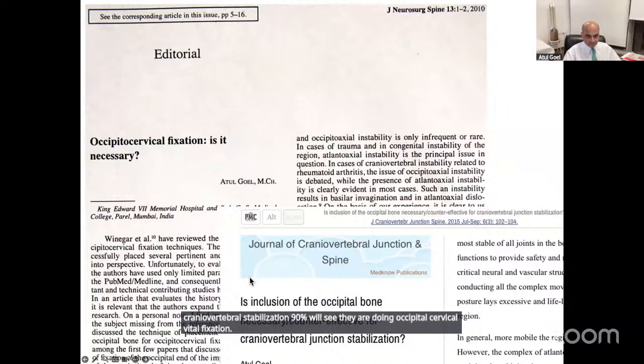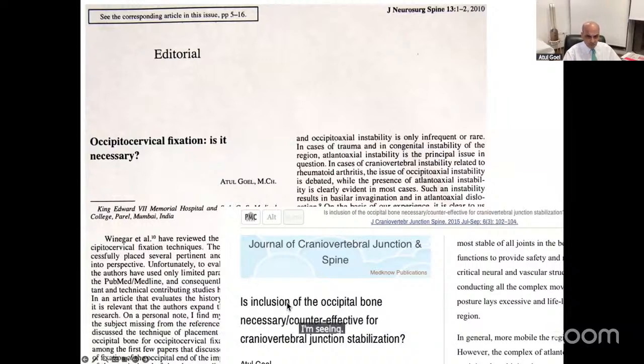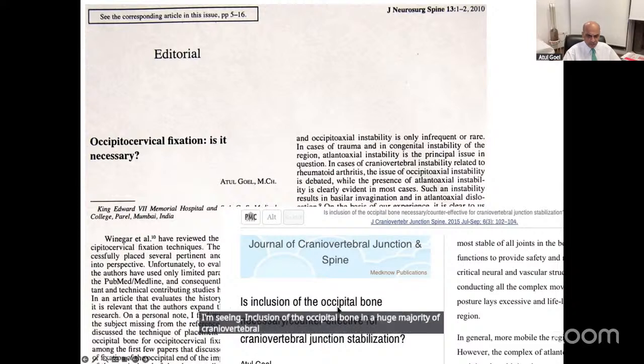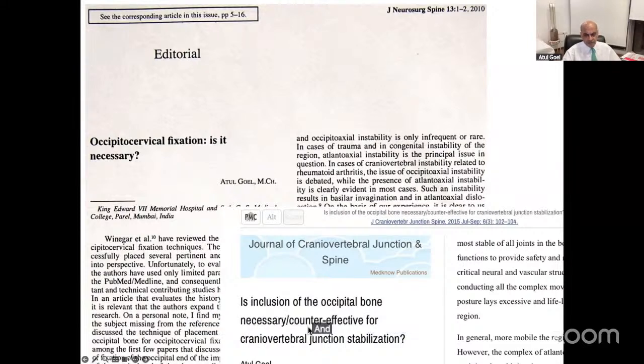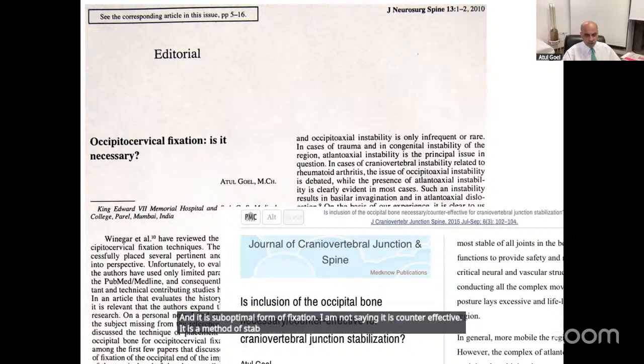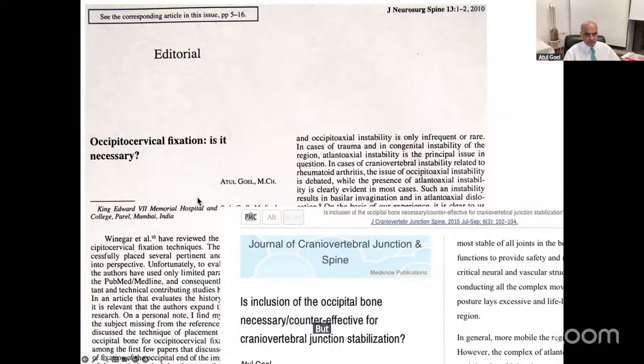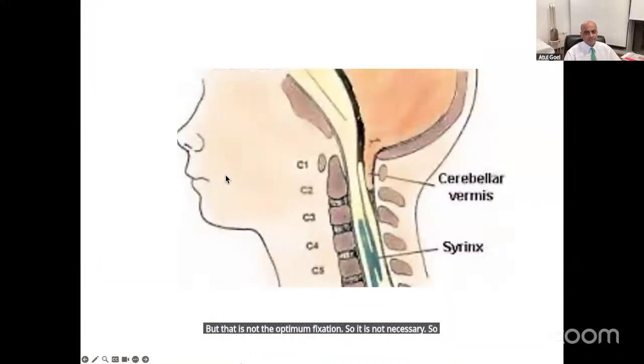I am saying inclusion of the occipital bone in a huge majority of craniovertebral junction surgery is not necessary. And it is a suboptimal form of fixation. I'm not saying it is counter-effective. It is a method of stabilization. If you cannot do atlantoaxial, you do at least C1 occipital fixation. But that is not the optimum fixation. So it is not necessary. So this is my first sentence.